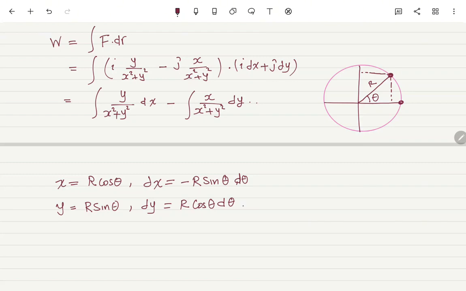Now x square plus y square is equal to r square.